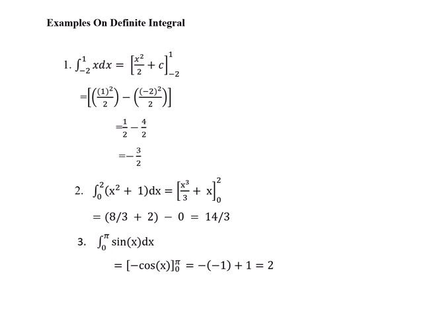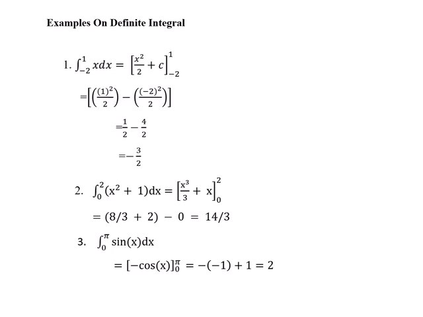Then we now move on to number 3. Number 3, we have the integral from 0 to pi of sine s ds. How do we go about this? If we are integrating sine s, we have what? Minus cos s.